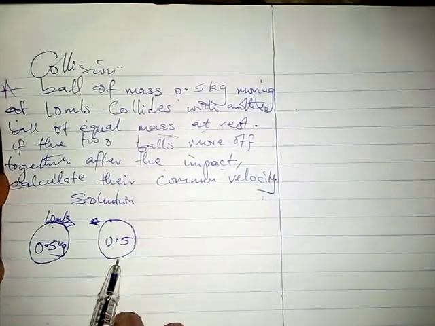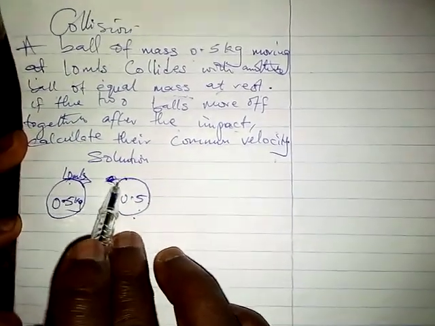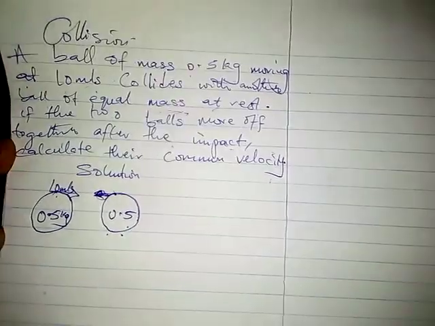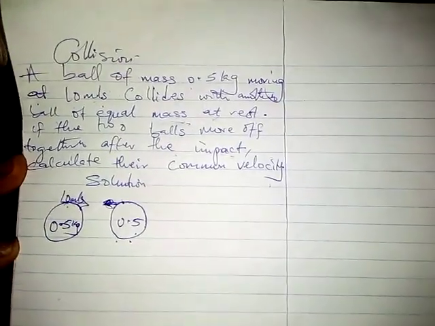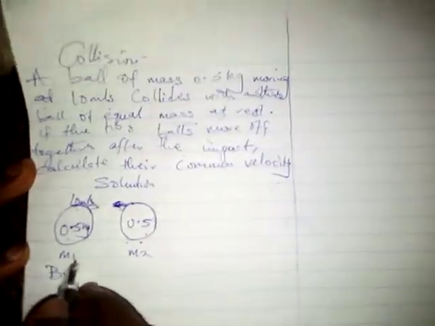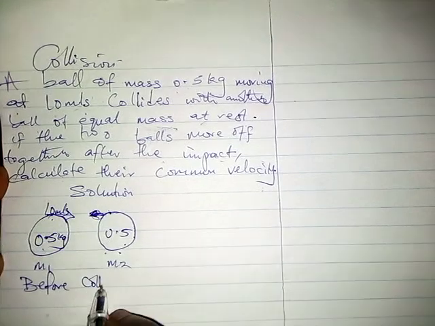So this particular one is at rest, so it's not moving, so we are not going to put this arrow. So it's at rest, 0.5 kg, and this one is moving with 10 meters per second. So we can say this one is M1 and this is M2, and so we say this is before collision.